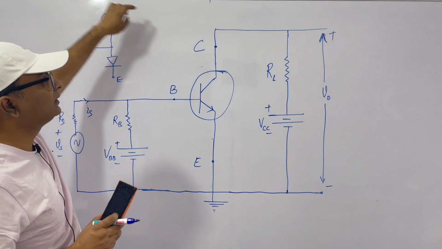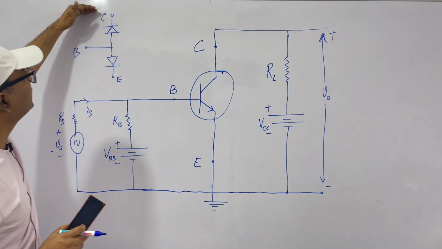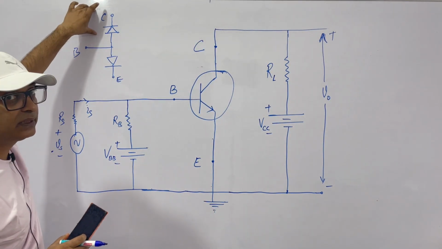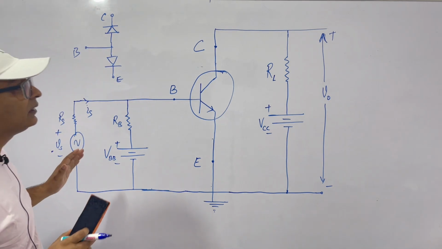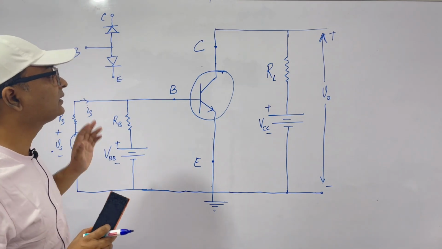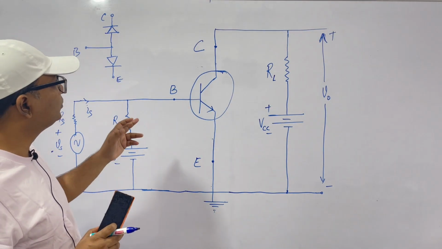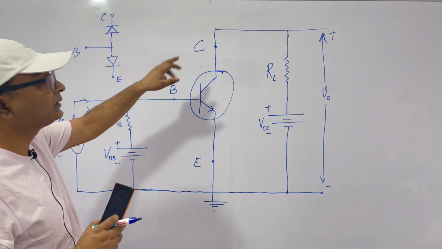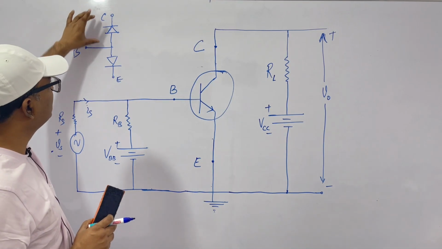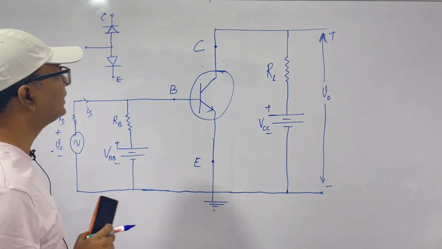We have VCC, say the voltage is at this point. So this is positive, this is negative, so this is reverse biased. This is the normal way in which transistors are biased: the base-emitter is forward biased and the collector-base is reverse biased. This is the normal operation of a BJT.